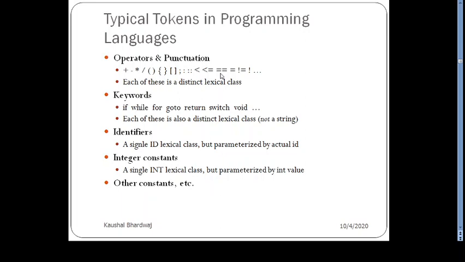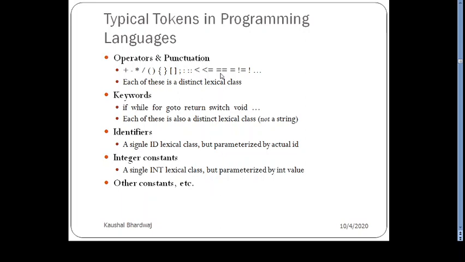Now, all the identifiers that you have defined will also be considered as tokens. Integer constants that you have form a single int lexical class, but parameterized by int value.